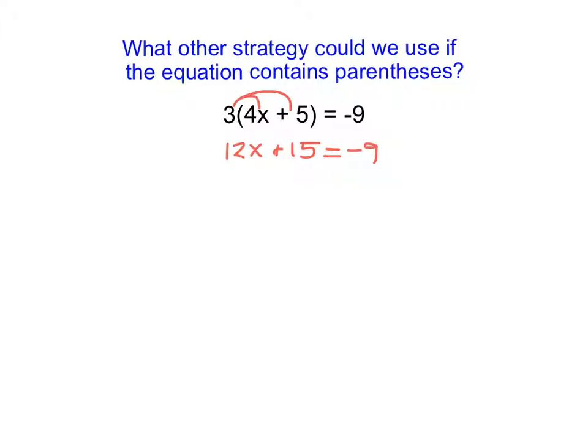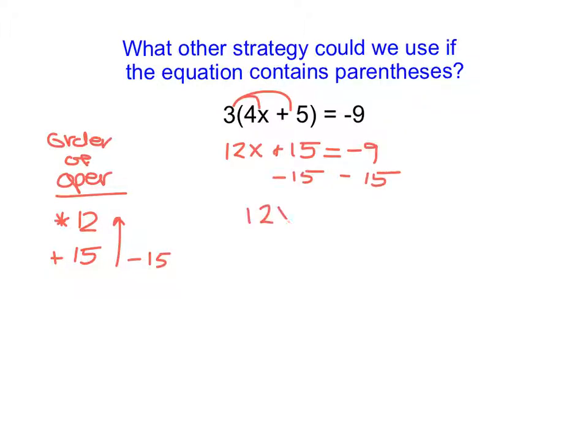So if you would rather distribute first and then from here apply your knowledge of the order of operations to x, for this particular problem we would take x and multiply it by 12 and then add 15 and then we would undo the order of operations in reverse, so subtract 15.